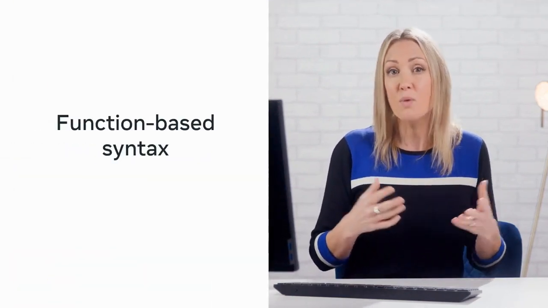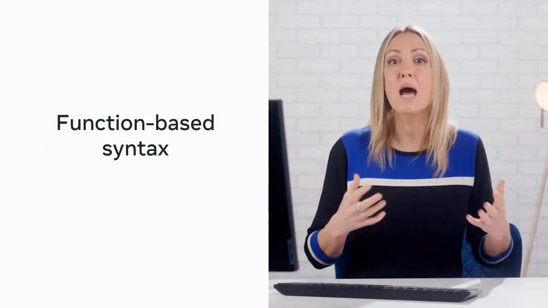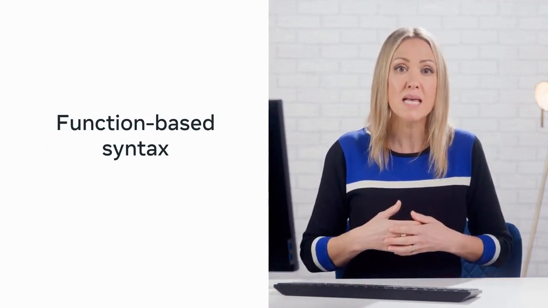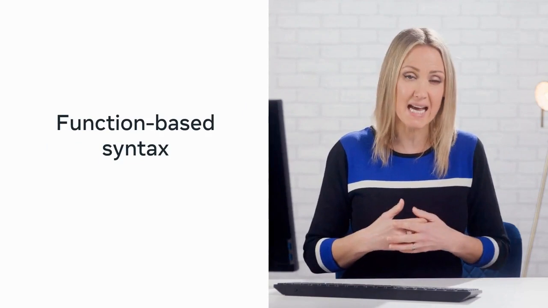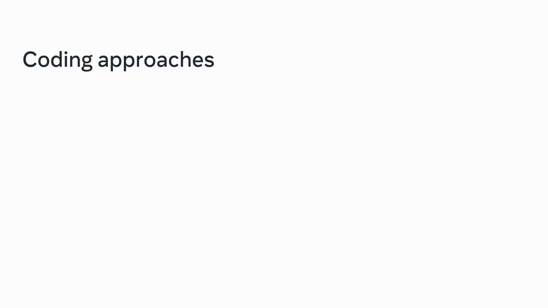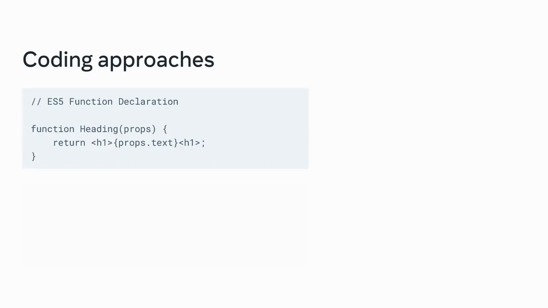So, in a way, with modern React, it is sort of implied that the only way to write components is to use function-based syntax. When coding these functional components, it's important to note that you can choose to code a React component either as an ES5 function declaration or as an ES6 const variable, which gets assigned an arrow function. The latter approach is more modern, but the former approach works too.